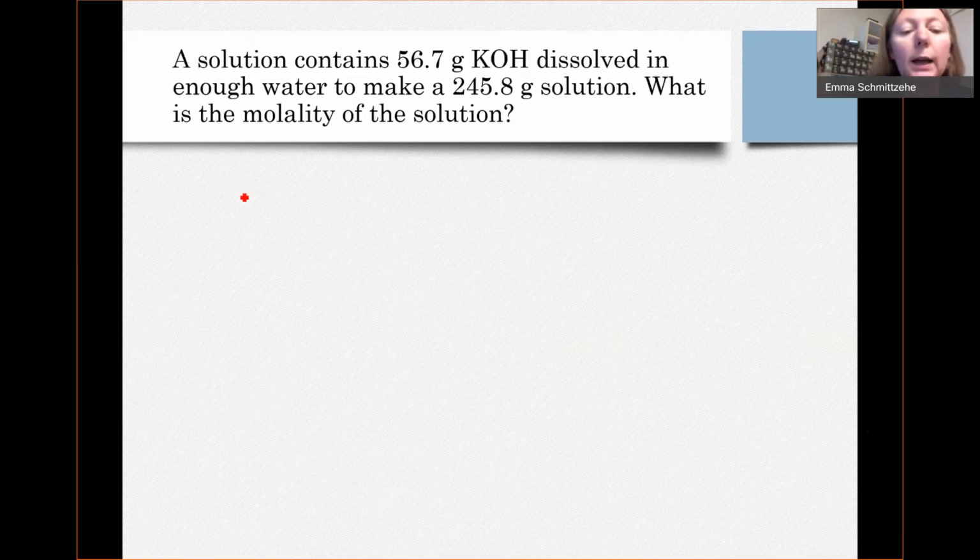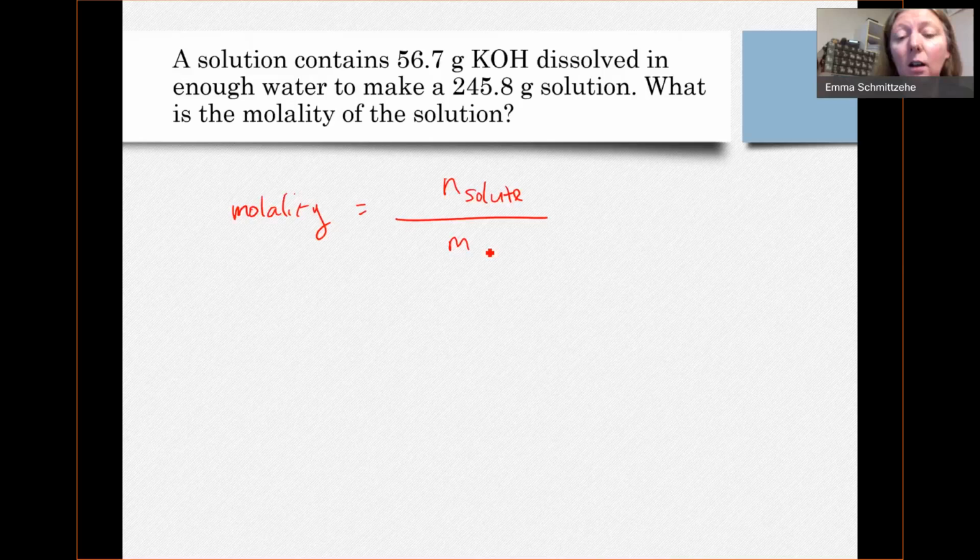So molality is equal to the moles of solute, where n is the variable for moles, over the mass of the solvent. Specifically, that mass is in kilograms.